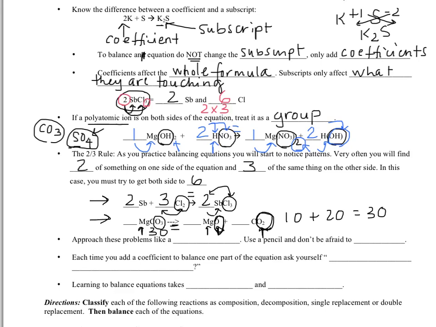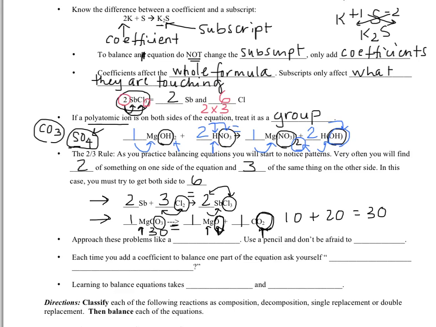So this is a case not of the 2-3 rule, but where I've already got a balanced equation. I could just leave this blank and it would be right. Or if it makes me feel better, I can put 1s in here. So keep in mind that sometimes when you balance equations, you don't need to do anything. They just already work out balanced. I feel like it's your lucky day when you find that.